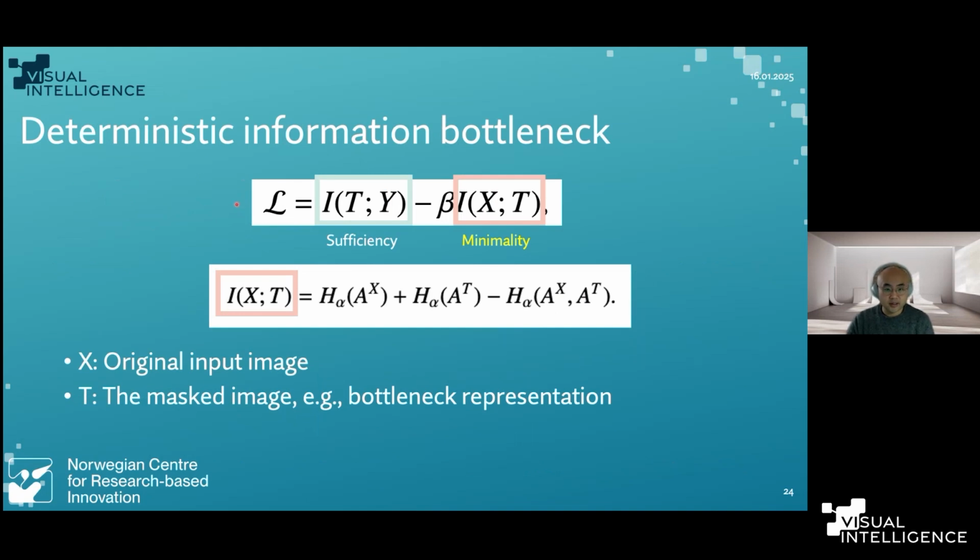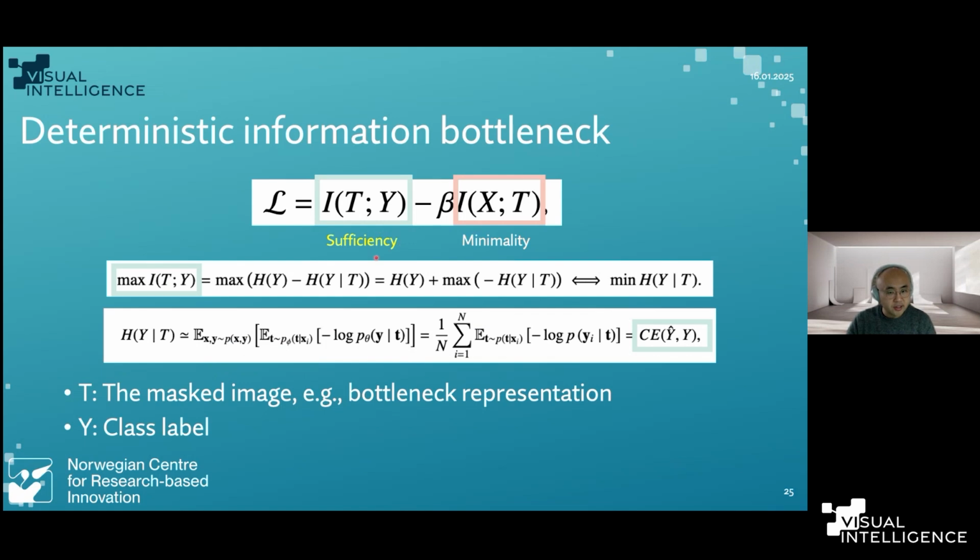So we use this deterministic information bottleneck method here. First, for the minimality term, as I mentioned, this X is an original input and T is the masked input. And this mutual information term can be split into these three entropy terms: marginal and joint. And we use those gram matrix-based entropy functionals, so we can compute this.